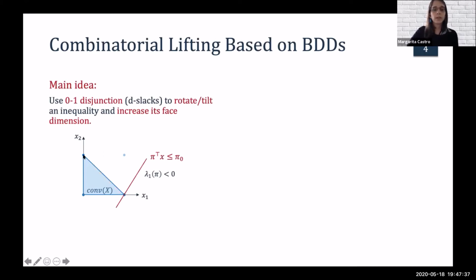Here I have a small example. We have 3 points for X. The convex hull is the triangle. We have a valid inequality here and a disjunctive slag that is negative. We use this quantity to rotate the inequality and get a new one. And in this case, we actually have a facet defining one.